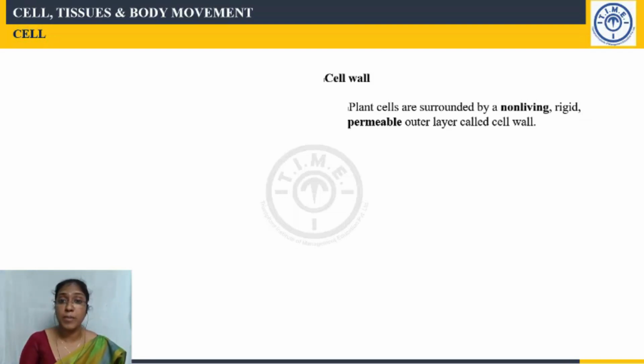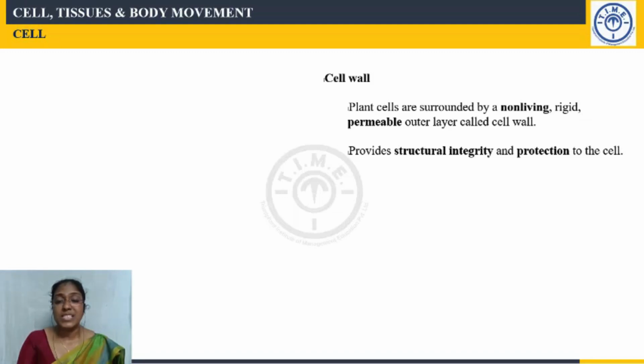Permeable means it allows substances to move in and out of the cell. What is its function? It provides structural integrity, that is rigidity and protection to the cell. It gives mechanical strength. Cell wall is made up of cellulose, which is very important.